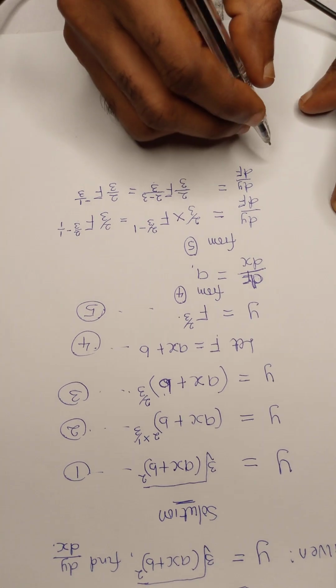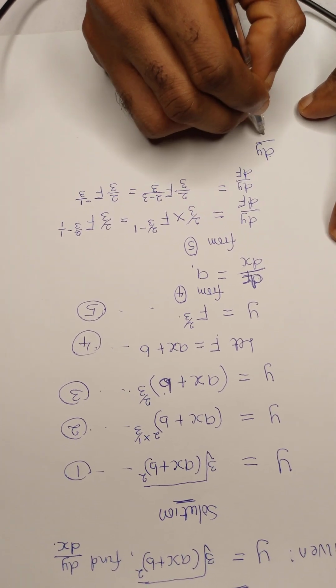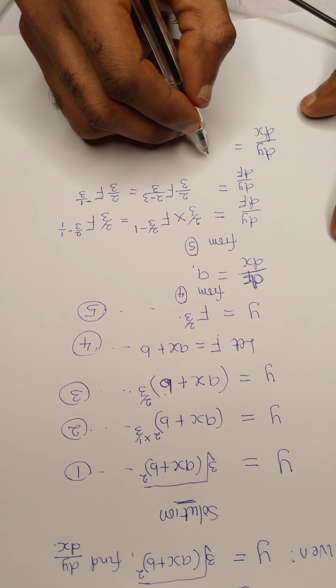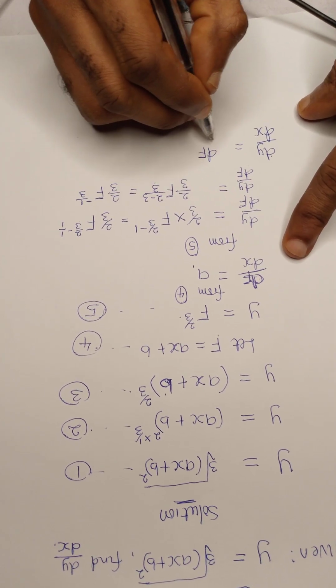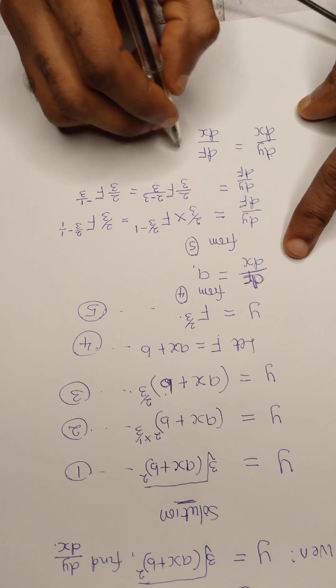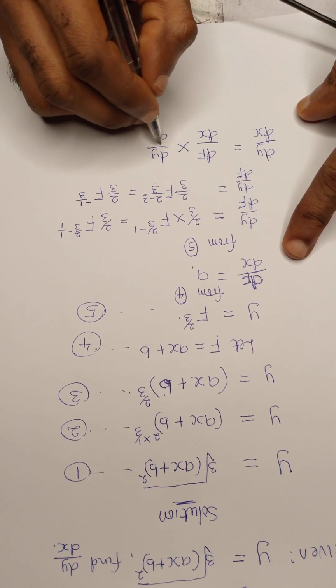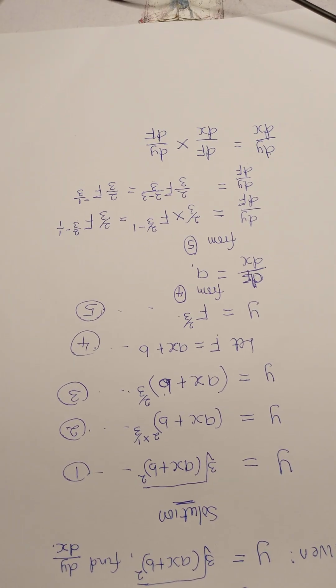So we can now invoke our chain rule. Our chain rule will be dy over dx equal to df over dx times dy over df. So that is the chain rule.